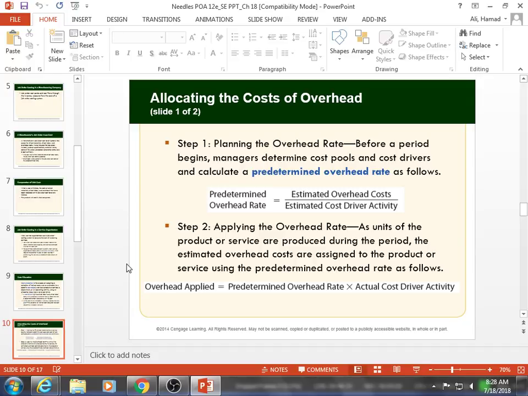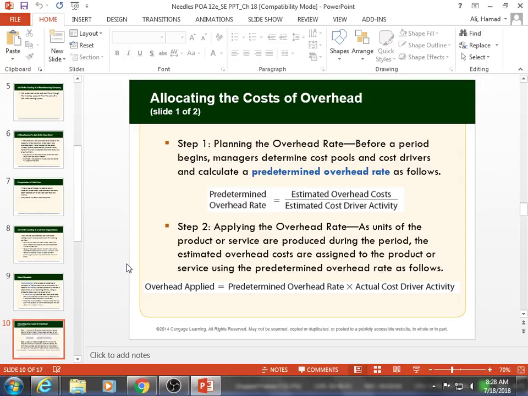Most likely. Okay. Anyway, that's how you apply the rate. First you identify the driver, what causes the cost, the highest activity. Then you estimate how much overhead will cover that and how many units of activity, and then you find the rate.